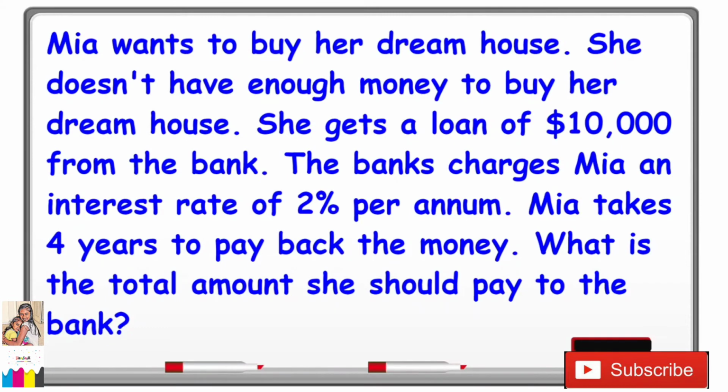Each year you take, you have to give me 2%." So Mia takes the deal. She says, "Yeah, sure, I'll do whatever to get my dream house." And she borrows her 10,000. She's happily living in her house, and it takes her 4 years to pay back the money. So now, what is the total amount she should pay to the bank? Let's say Mia doesn't know how to do calculation. We're gonna help her out.